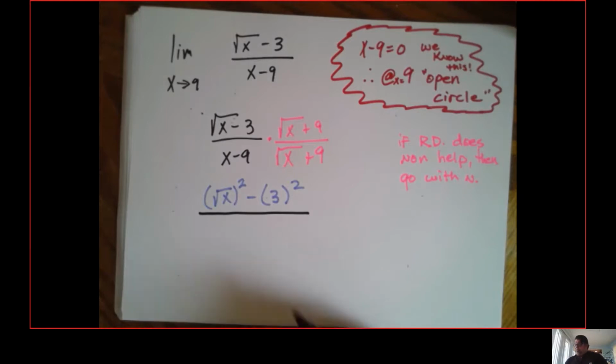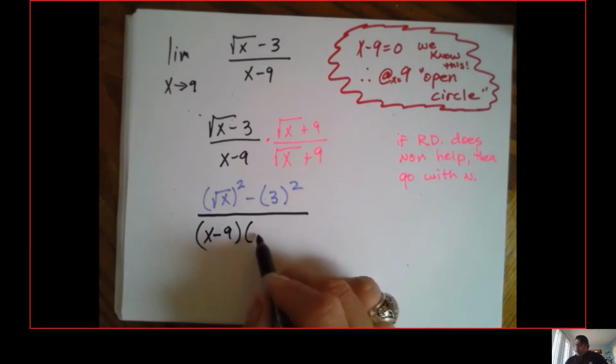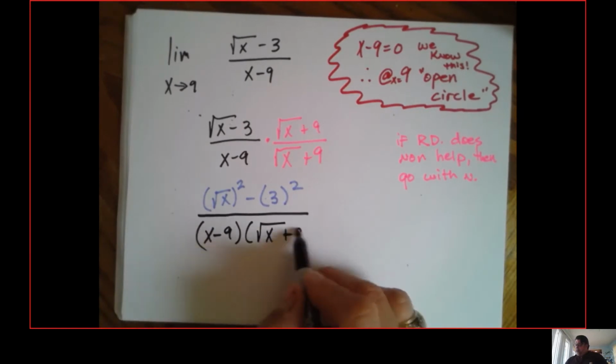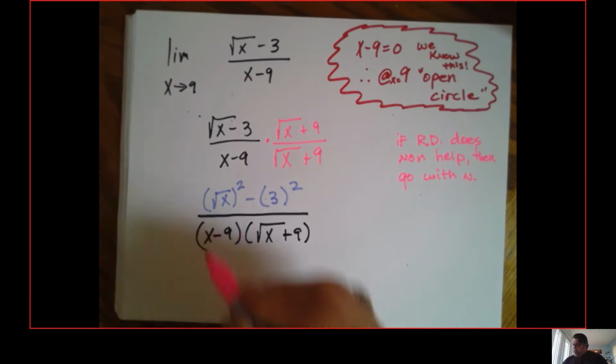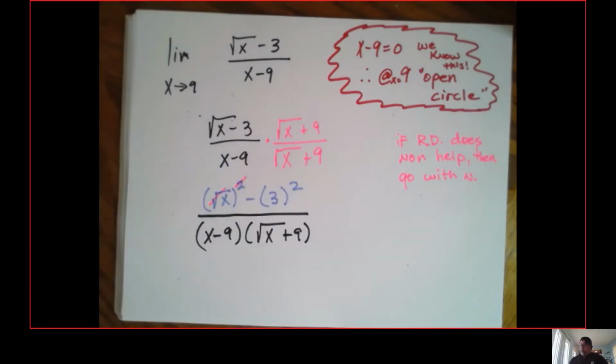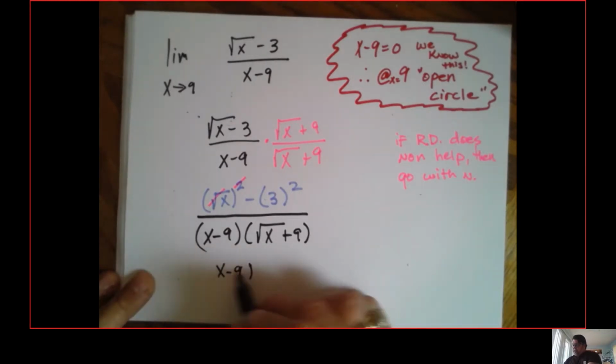So I'm just going to leave this x minus 9 times the square root of x plus 9. Now, what am I going to do up top? Well, the radical is going to cancel there, and that's going to leave us with x minus 9 times x plus 9.